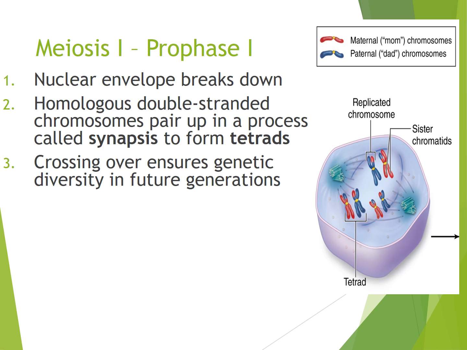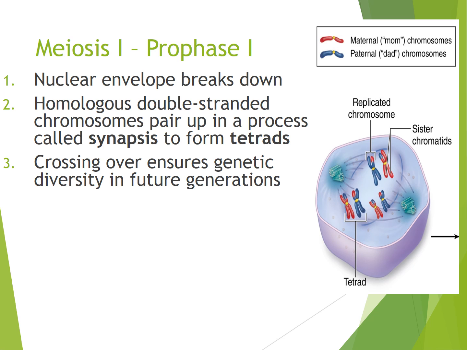Meiosis 1 begins with prophase 1, where homologous replicated chromosomes in the parent cell pair up to form a tetrad, or tetra for the number 4. The process by which the homologous chromosomes pair up is called synapsis.